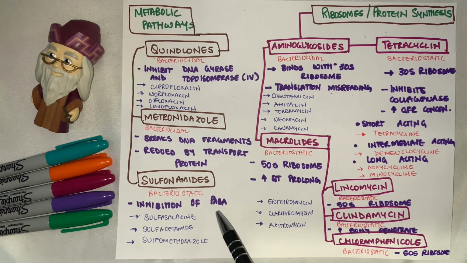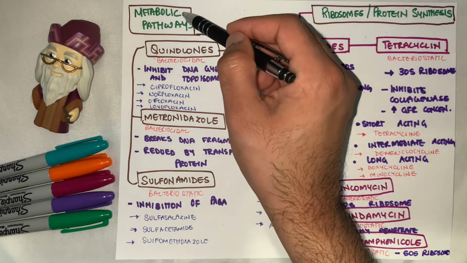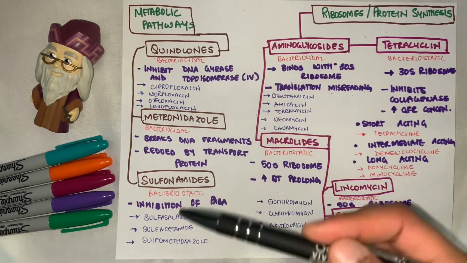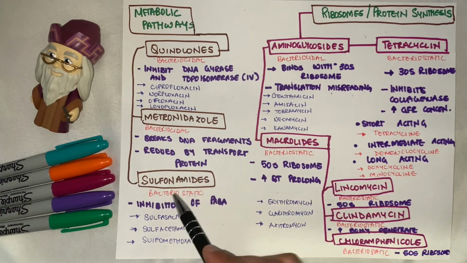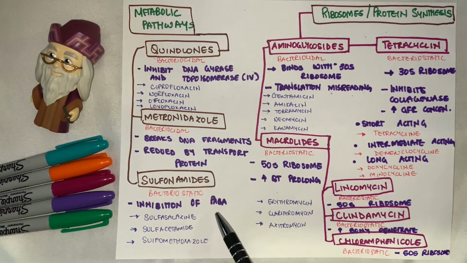PABA gets utilized to convert into folic acid, and folic acid gets eaten by the bacteria, and the bacteria metabolizes and produces toxins to hurt us. Sulfonamides doesn't let them have food. It inhibits PABA. Drugs such as sulfasalazine, then sulfacetamide, then sulfamethoxazole.